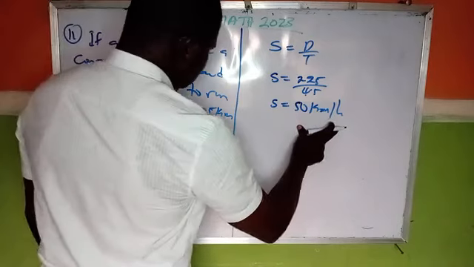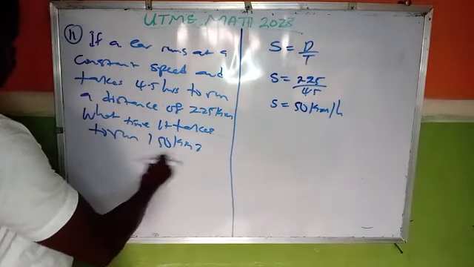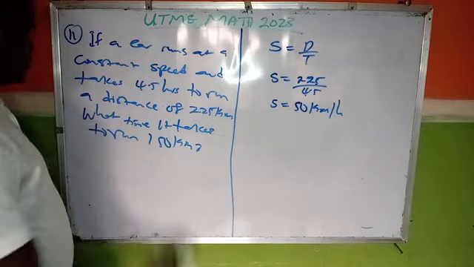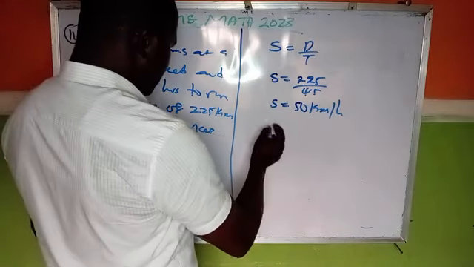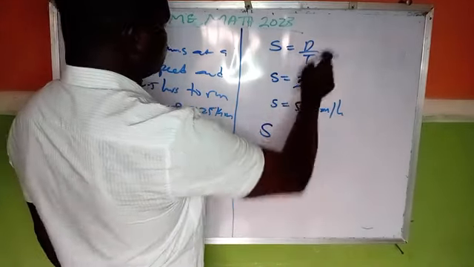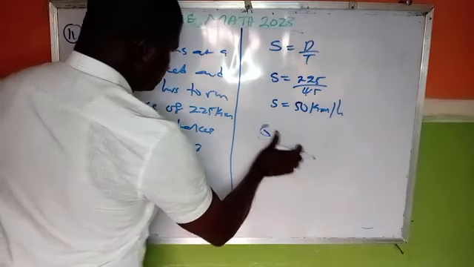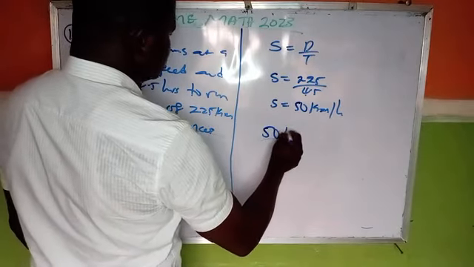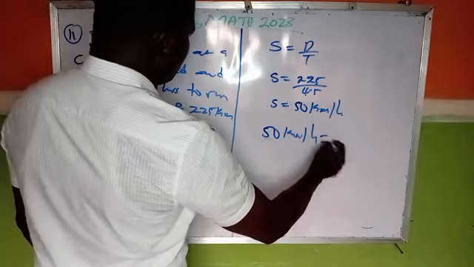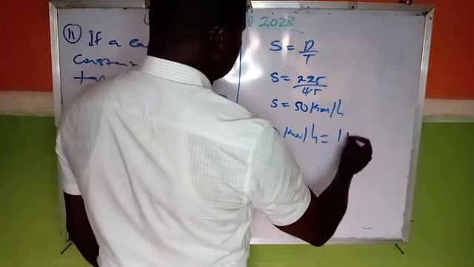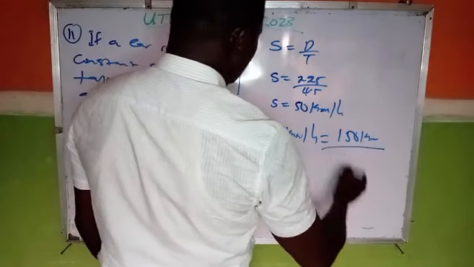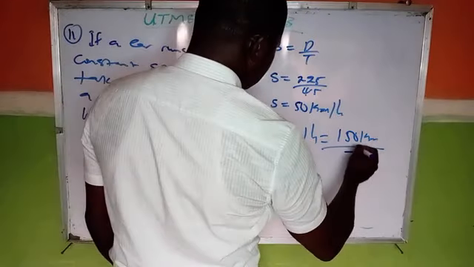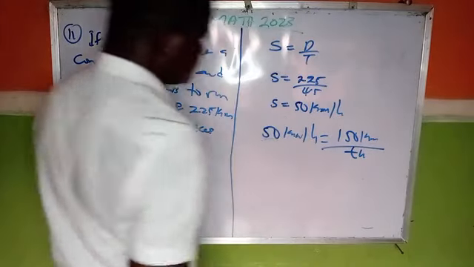Now you have the speed, so you want to use it to find the time it will take. Again, speed is equal to distance over time. So speed is 50 kilometers per hour, which is equal to the distance, 150 kilometers, over time, that's t in hours.